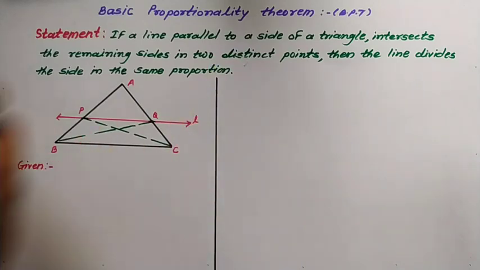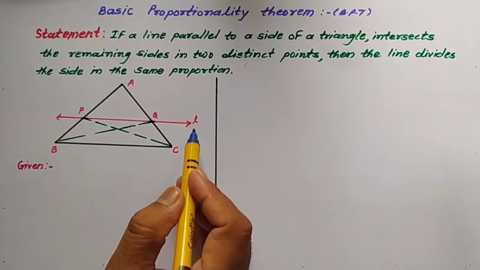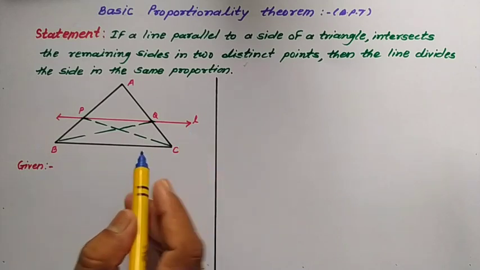In triangle ABC, line L is parallel to line BC.